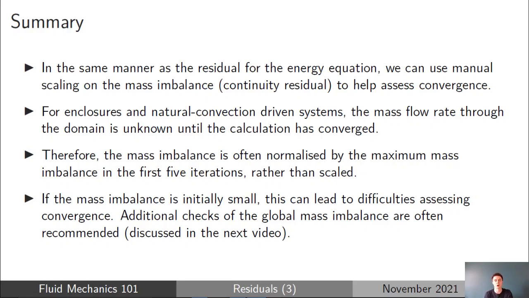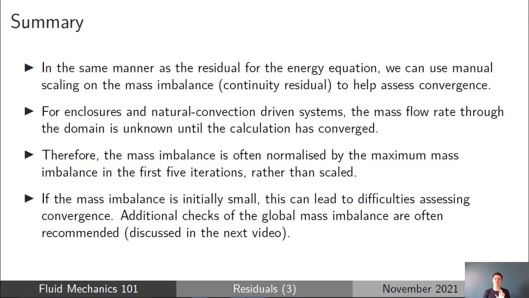And this is the reason why CFD codes often use normalization rather than scaling when looking at the mass imbalance in particular. And they often take the value over the first 5 iterations as the normalization factor. But often that option is left open to you as the user if you want to change that.